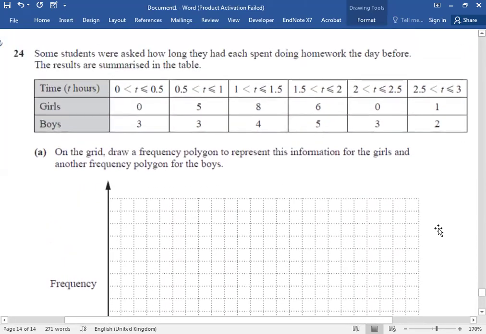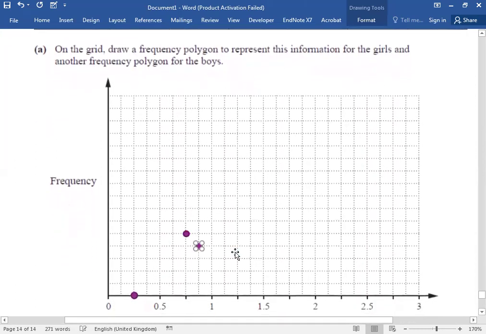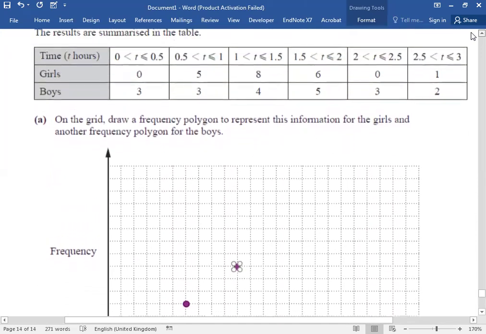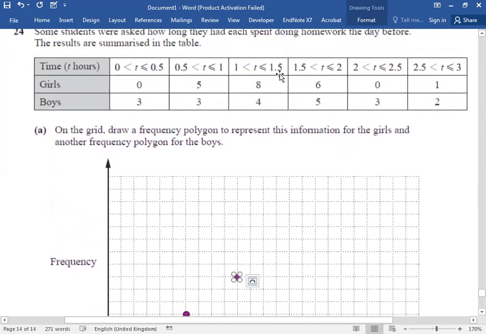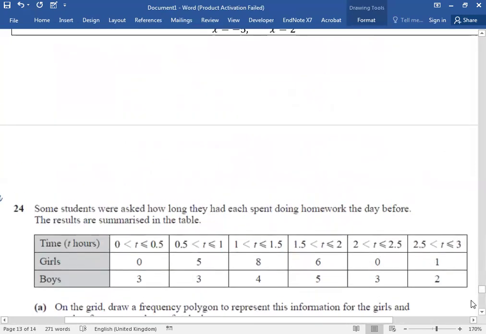Then at 1.25 it is 8: 5, 6, 7 and 8. Then what about 1.75? Where we have 6. Then the next value is 0 and then 1.